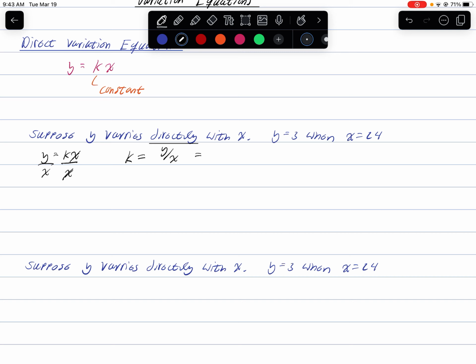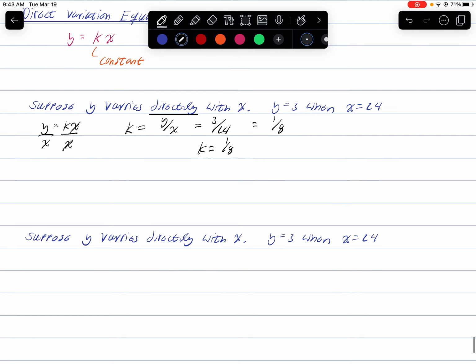So we can write this as k equals 3 over 24. Okay, and that's going to give us, after we reduce, 1 over 8. So here k is equal to 1 over 8, and therefore our equation is going to be y equals 1 over 8 times x. Okay, that is our direct variation equation.